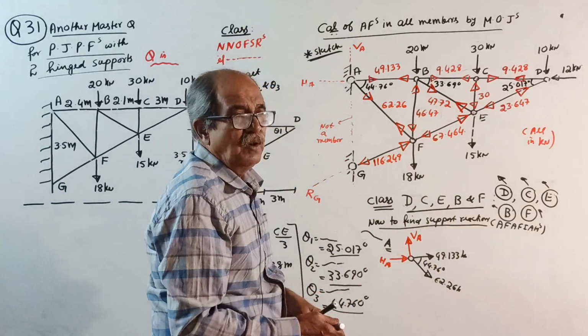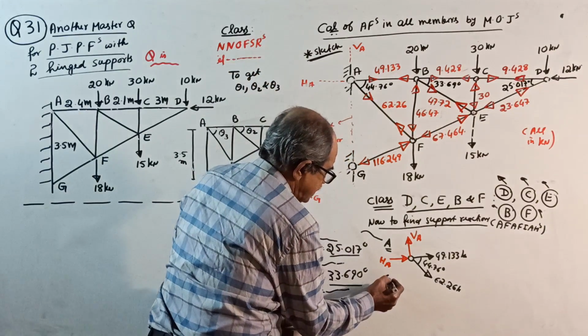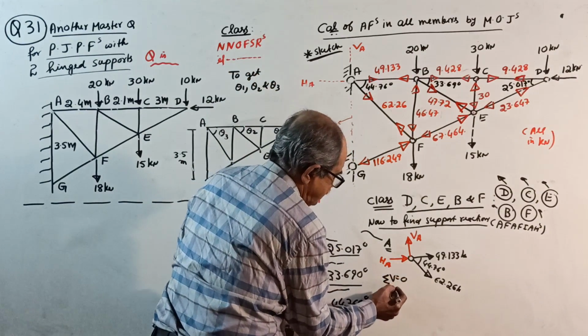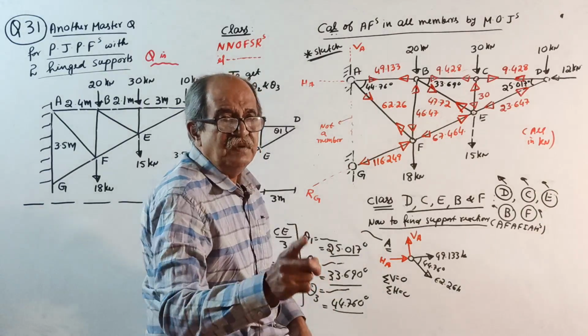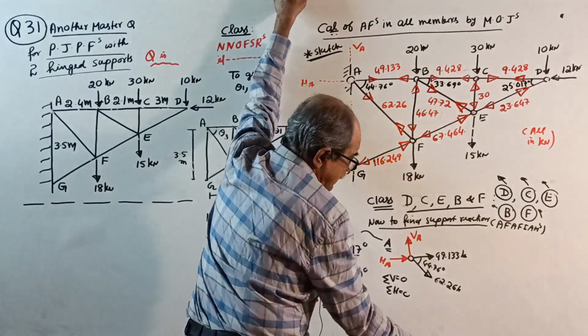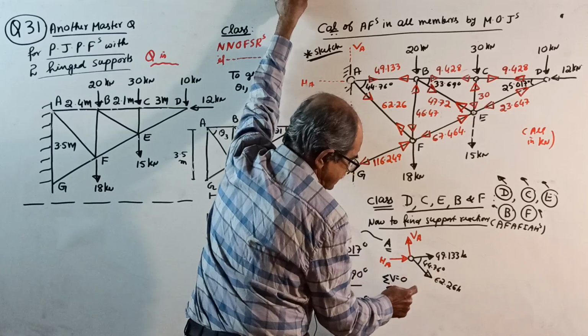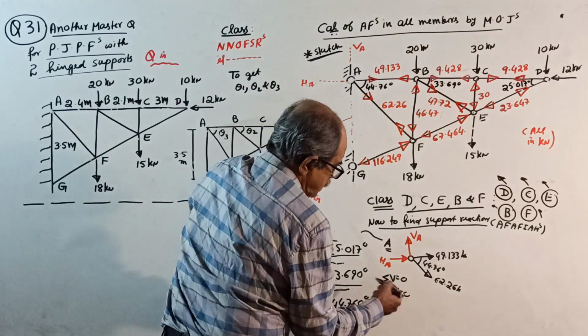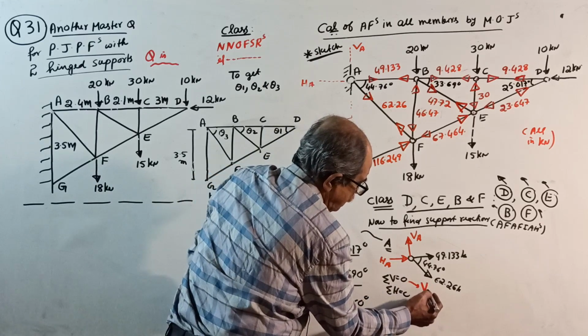Now, what I dictate, you write. Make sigma V equal to 0 and sigma H equal to 0. Sigma V equal to 0: plus VA minus 62.26 sine 44.76 equal to 0. So when you make sigma V equal to 0, you will get the value of VA.